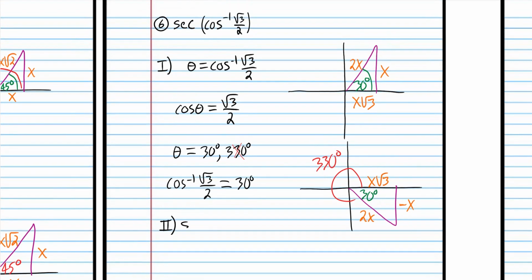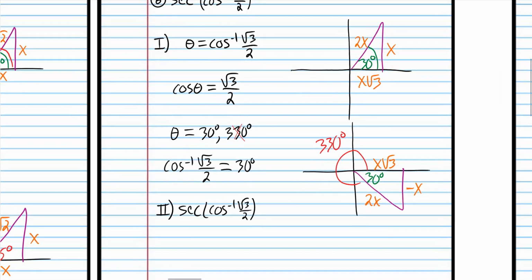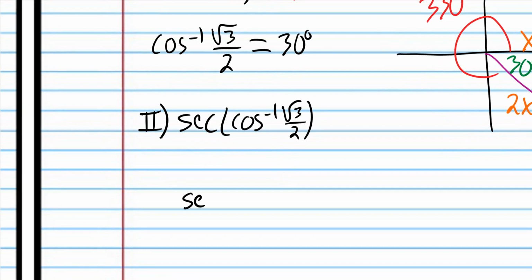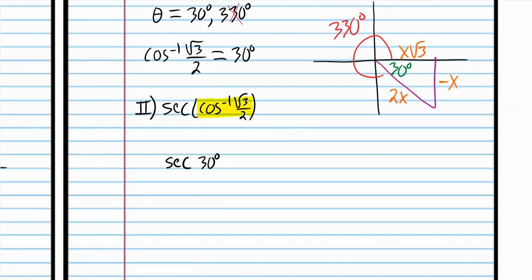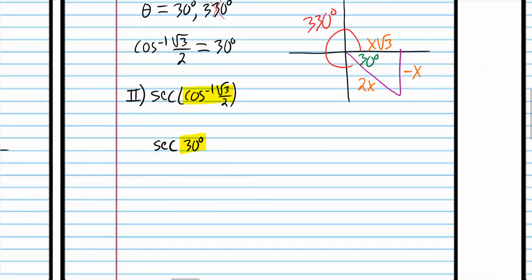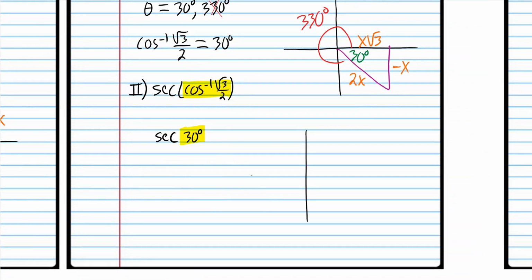We're going to find what the problem is actually asking, the value of secant of cosine inverse of root 3 over 2. Now we found cosine inverse of root 3 over 2 is 30 degrees. We found that in the first part of the problem. So now we just have to find the value of secant 30.